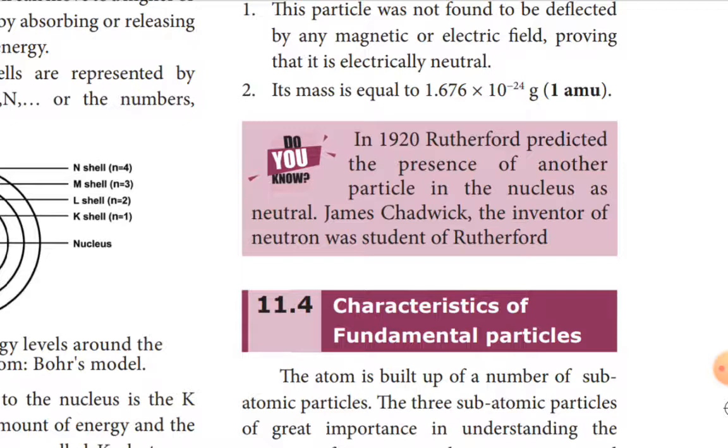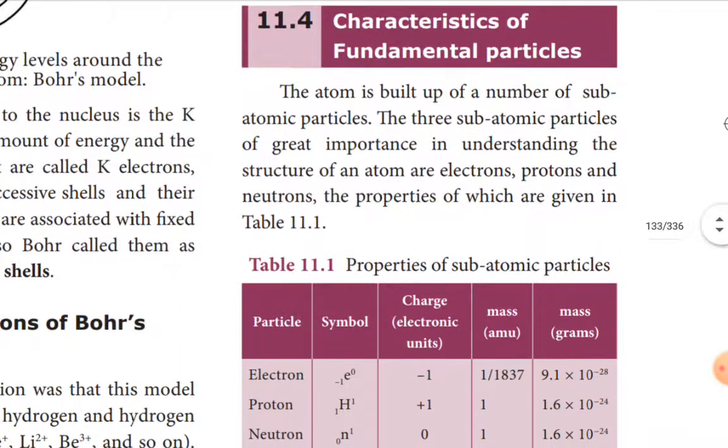Then, what are the characteristics of fundamental particles? The atom is built up of a number of subatomic particles. The three subatomic particles of great importance in understanding the structure of the atom are the electron, proton, and neutron.